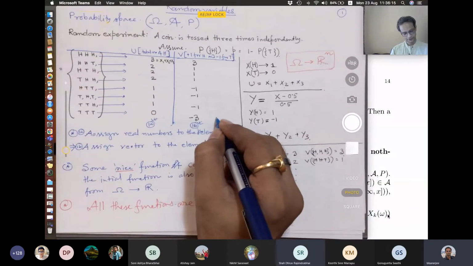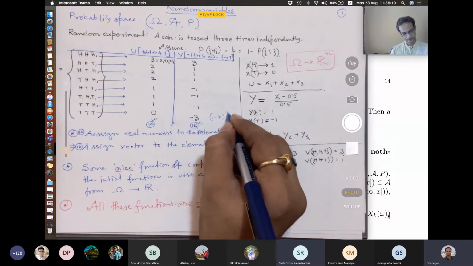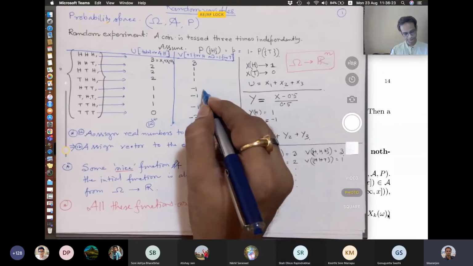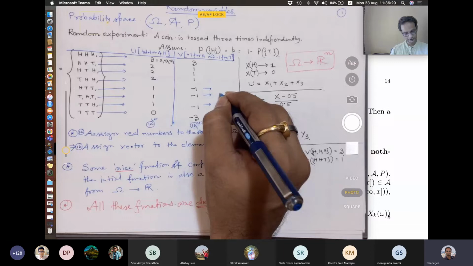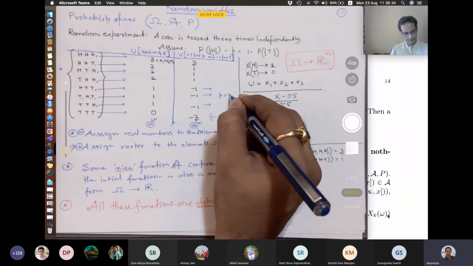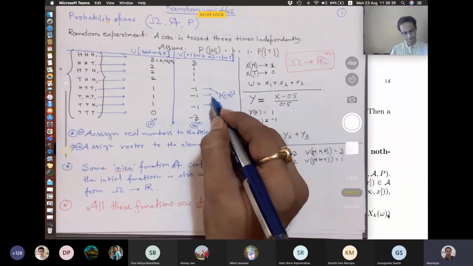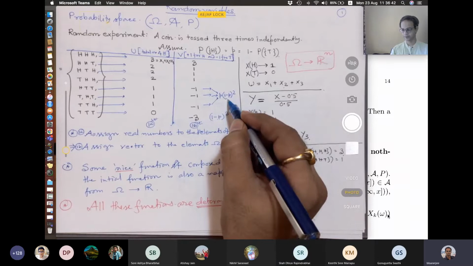So 1 minus p cube plus 3 times p into 1 minus p square. For each of them, the probability is p into 1 minus p whole square. So this one plus 3 times this one.